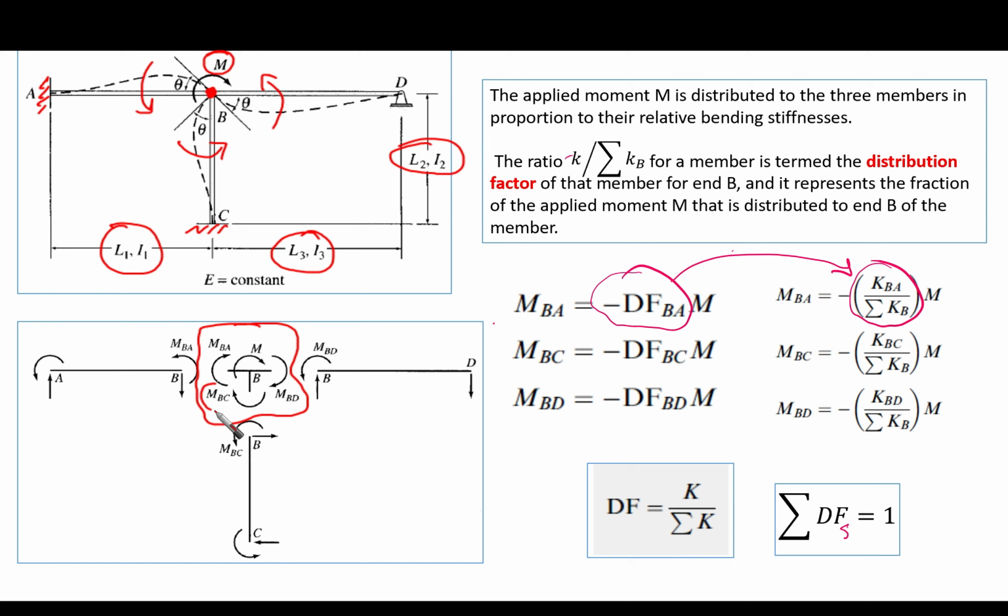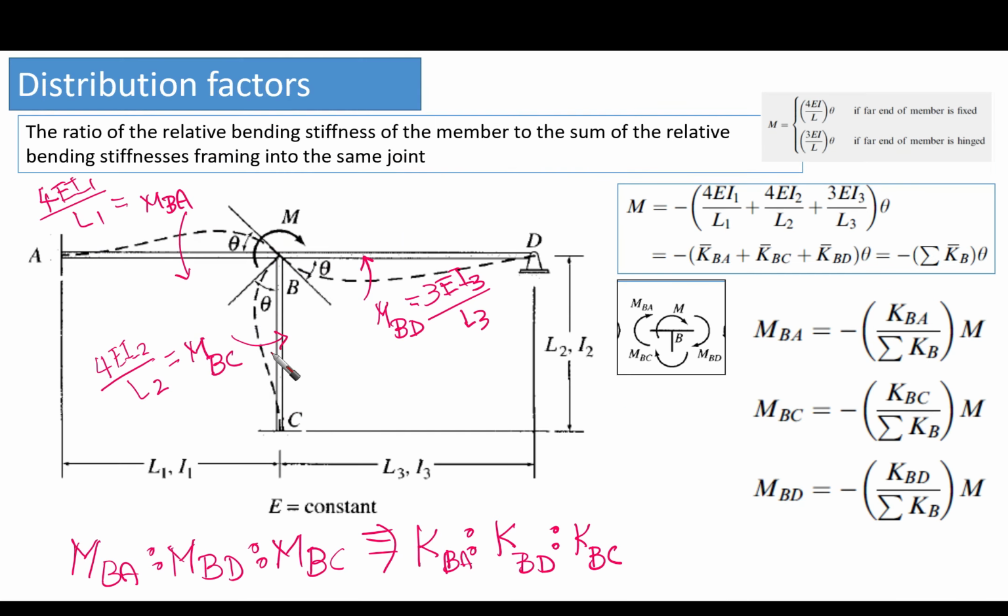We are going to have M. Actually, the sign convention put here does not consider the equilibrium of this joint B, so it's better to go with my annotation, as I put it here. There is a moment that is going to be developed which is opposite to the applied moment.